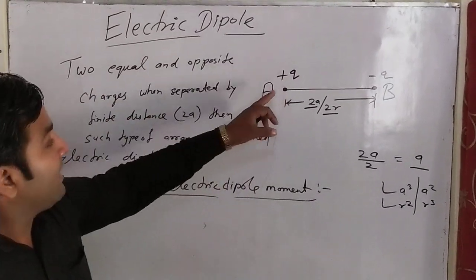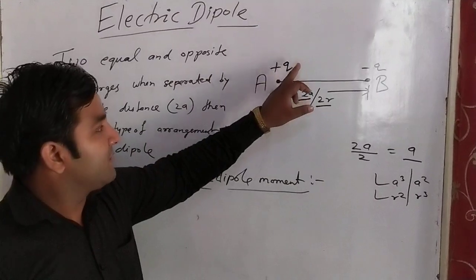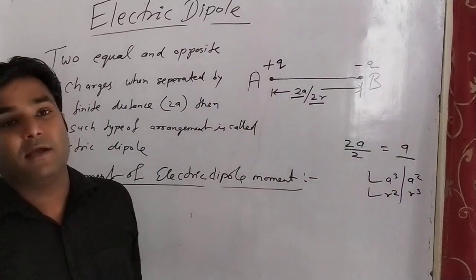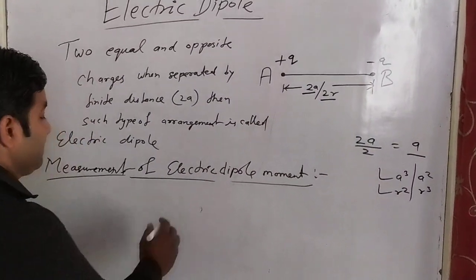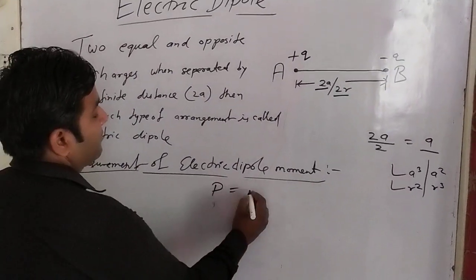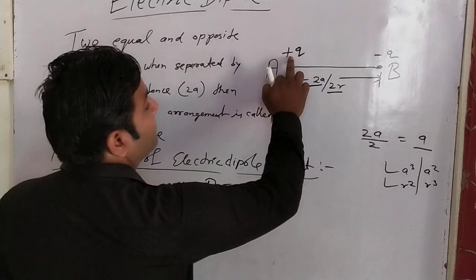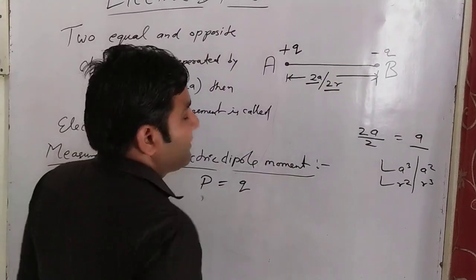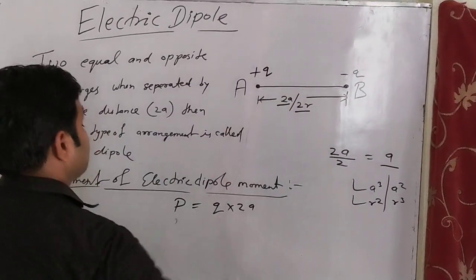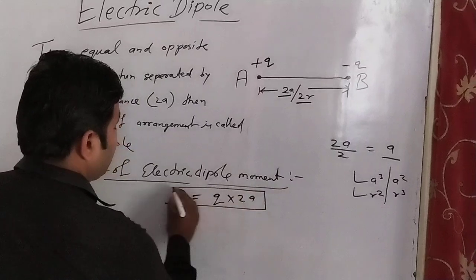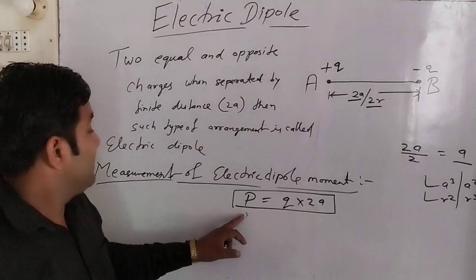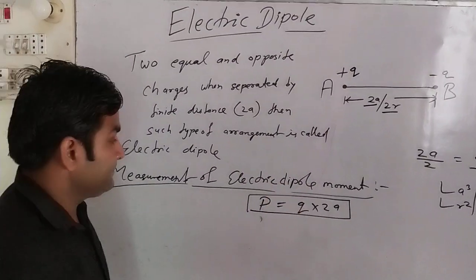Either the plus q charge magnitude or the minus q charge magnitude, and the distance between both, whenever taken in product form, that is P. This is the representation of electric dipole moment. P is equal to the charge magnitude, that is q, into the distance of separation, that is 2a. The product of either charge and the distance between both charges is defined as electric dipole moment.